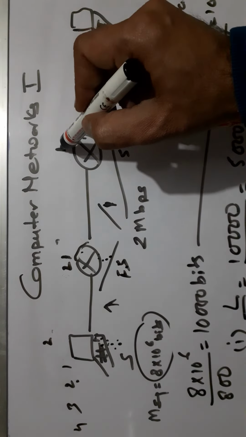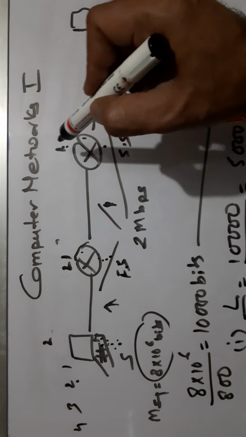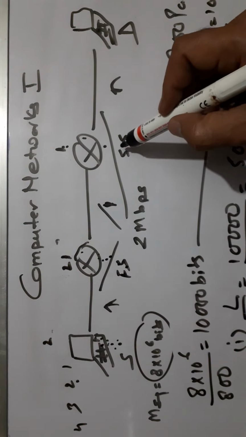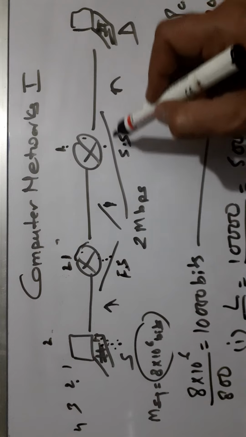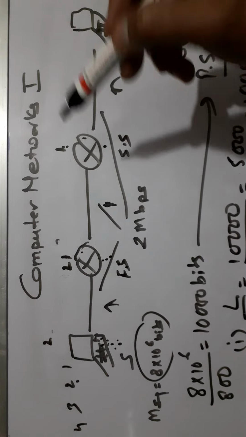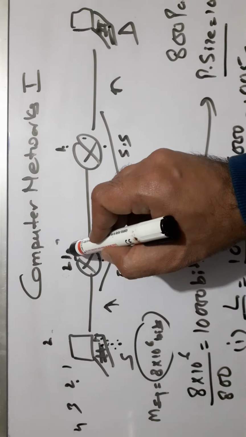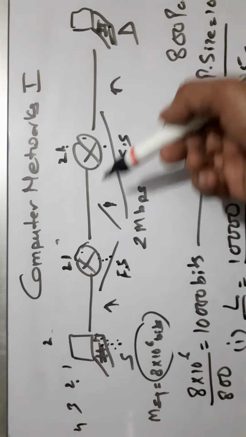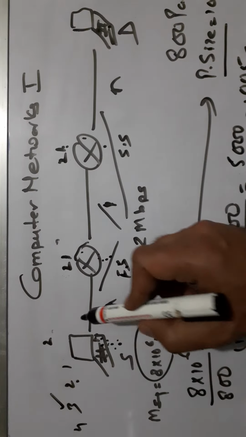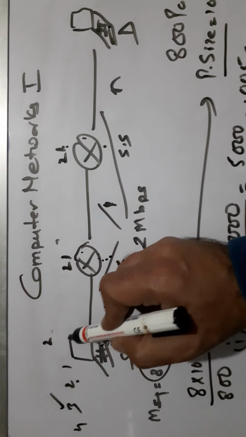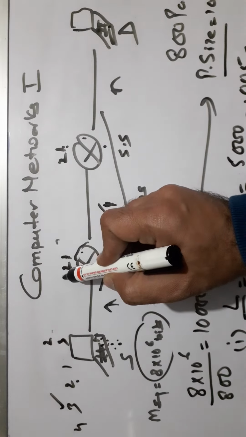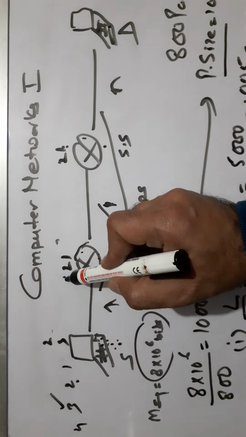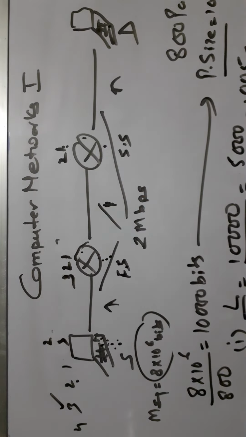And when the first packet is transmitted from the second router to the destination, during the same time the second packet is getting transmitted over here, and the third packet will get transmitted from source to the first switch. I hope you understand this concept.